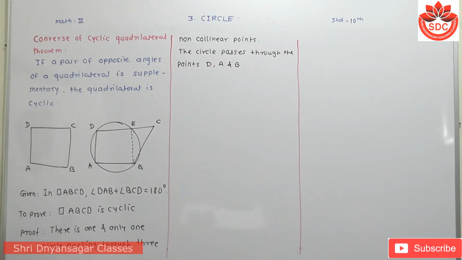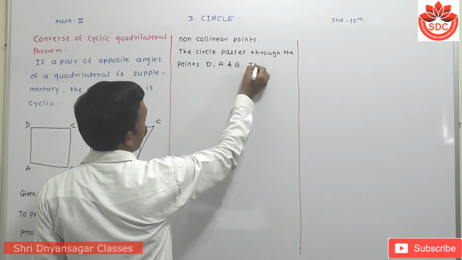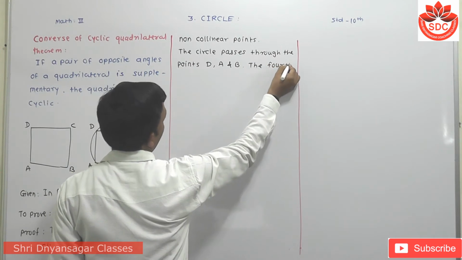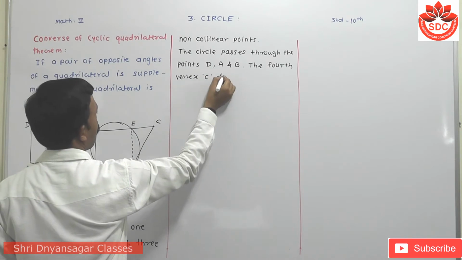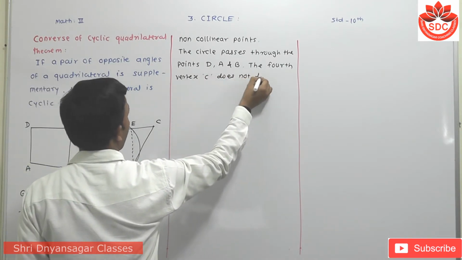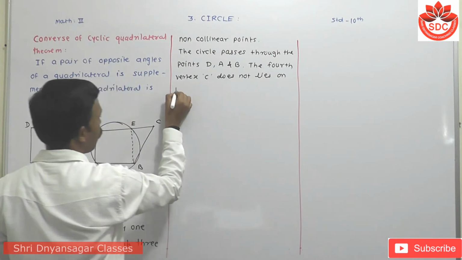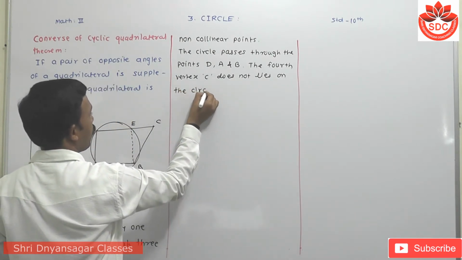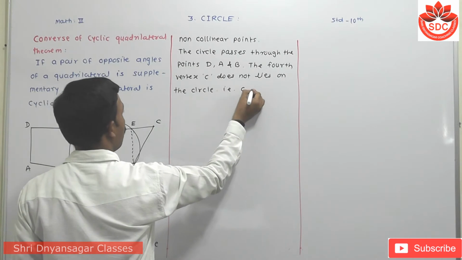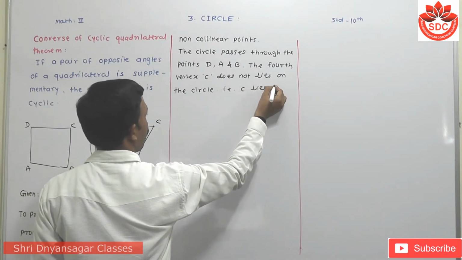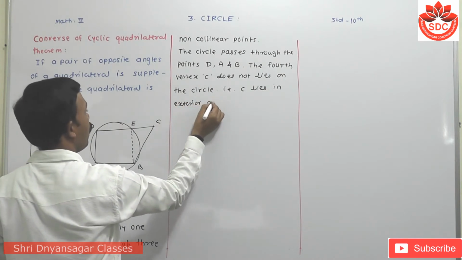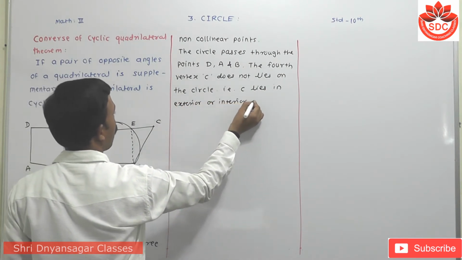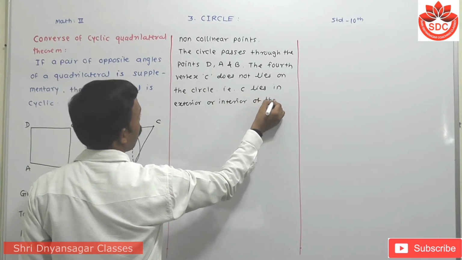Now here the fourth vertex C does not lie on the circle. That is, C lies in the exterior or interior of the circle.